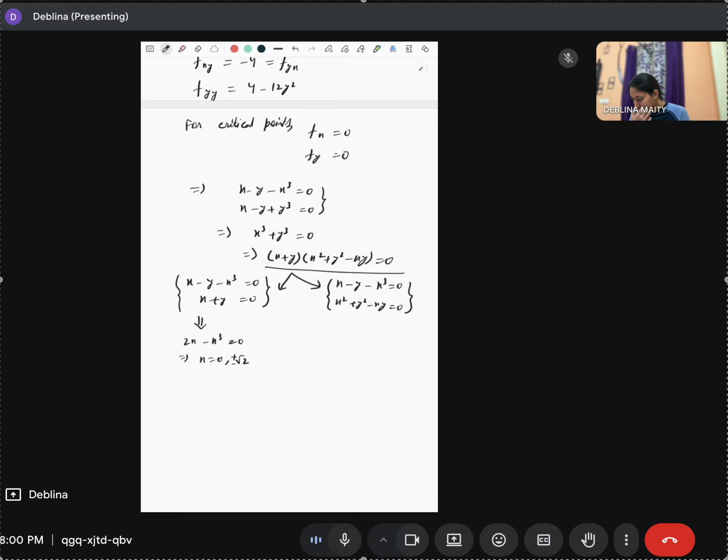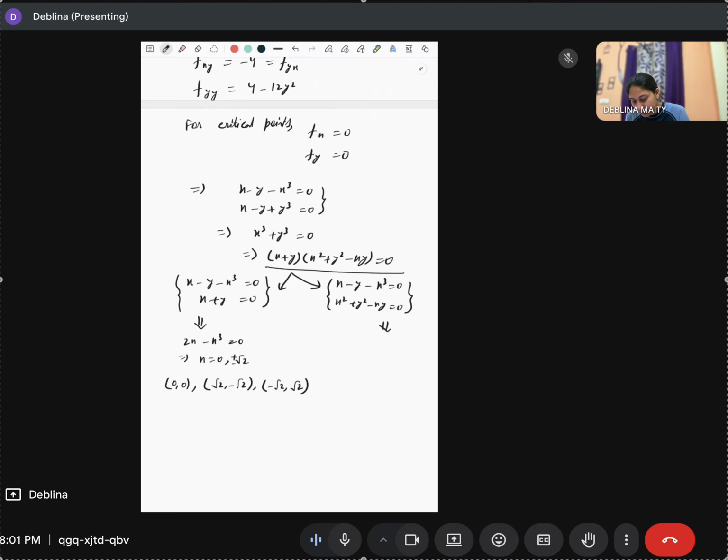So the points we are getting are 0 0, root 2 minus root 2, and minus root 2 plus root 2, right? Because x plus y is 0.